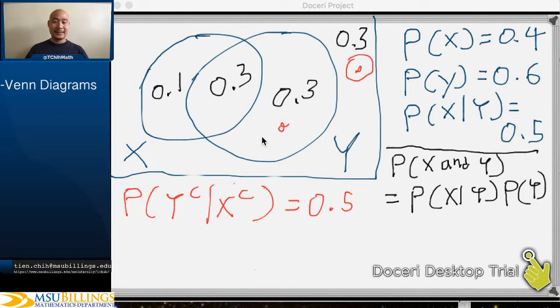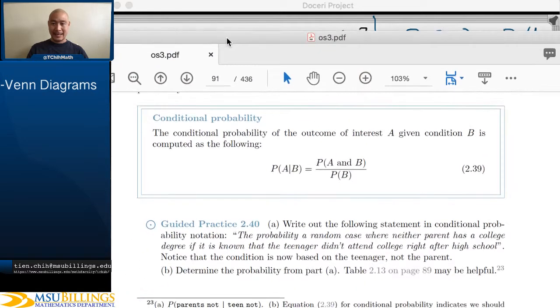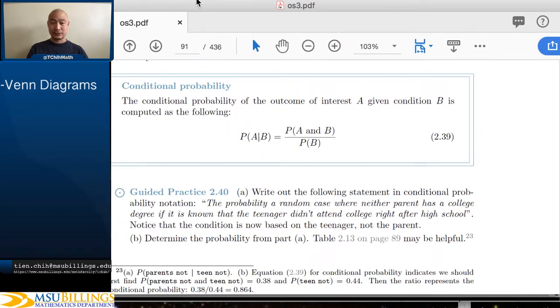That being said, it's not always so easy to tell, and the numbers don't always work out this nicely. So let's work through the formula to see if this Venn diagram and this formula in concert with each other could help.